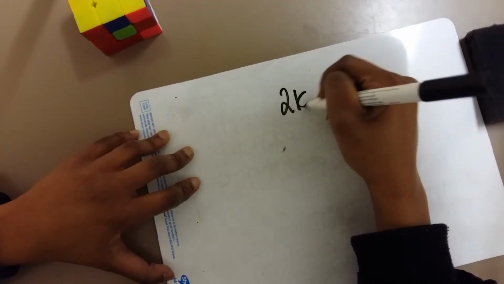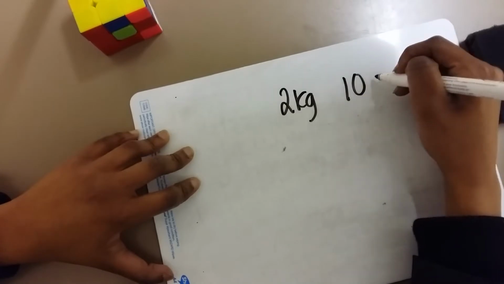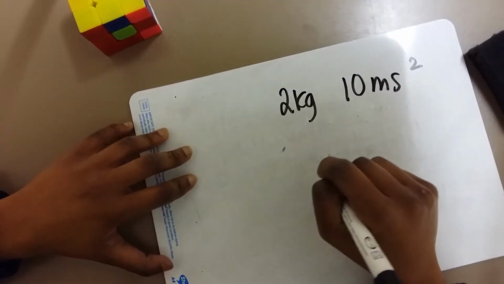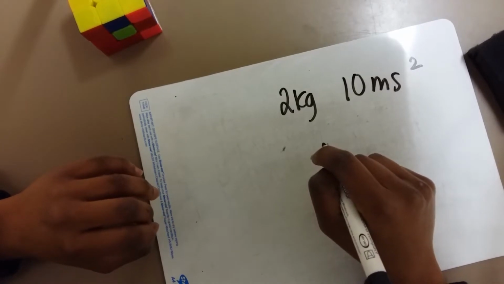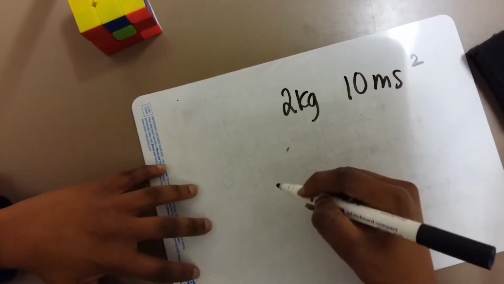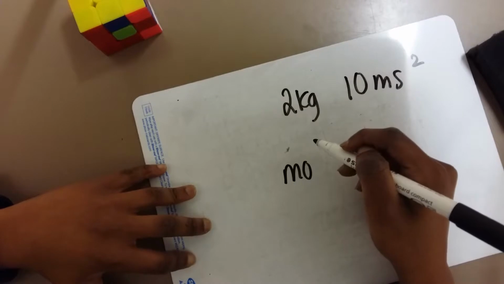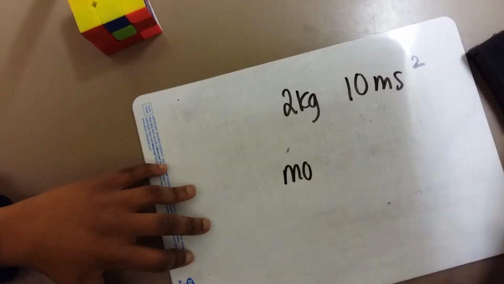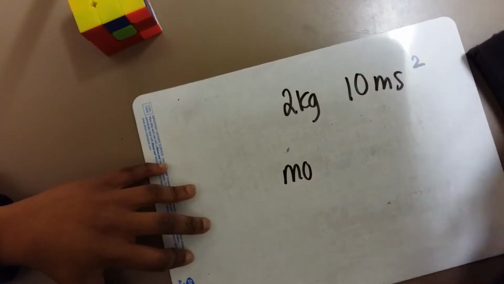Okay, so let's do some momentum questions. If a watermelon has a mass of 2 kilograms, is shot from a gun at 10 meters per second, work out its momentum. Yeah, that will make more sense.